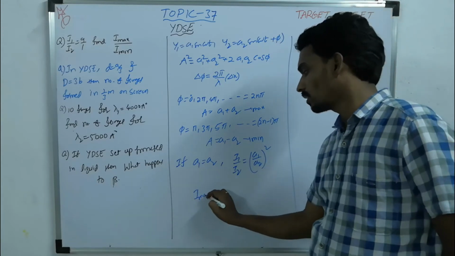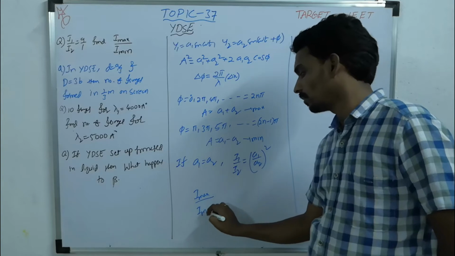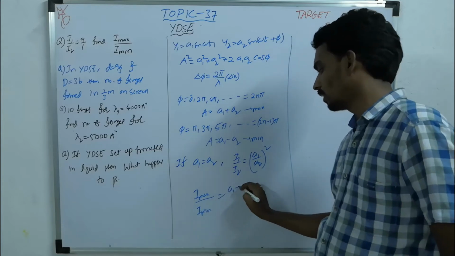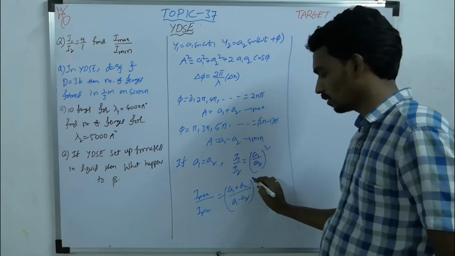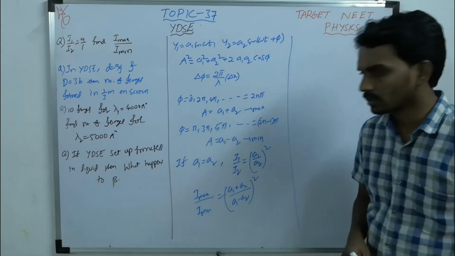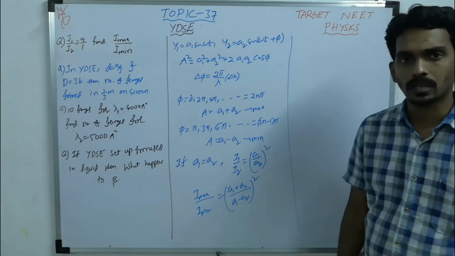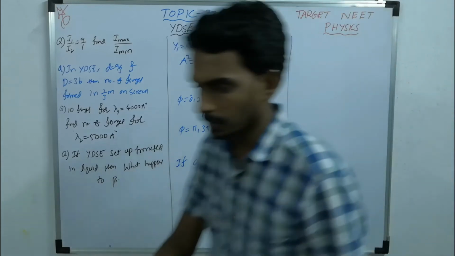So I maximum by I minimum is proportional to A1 plus A2 by A1 minus A2 whole square. So based on this, we can get the very first kind of questions.